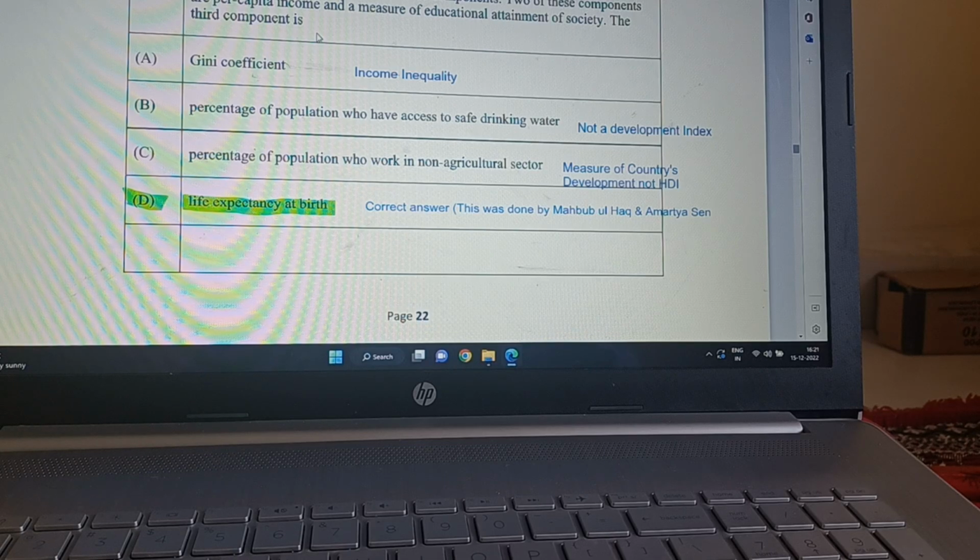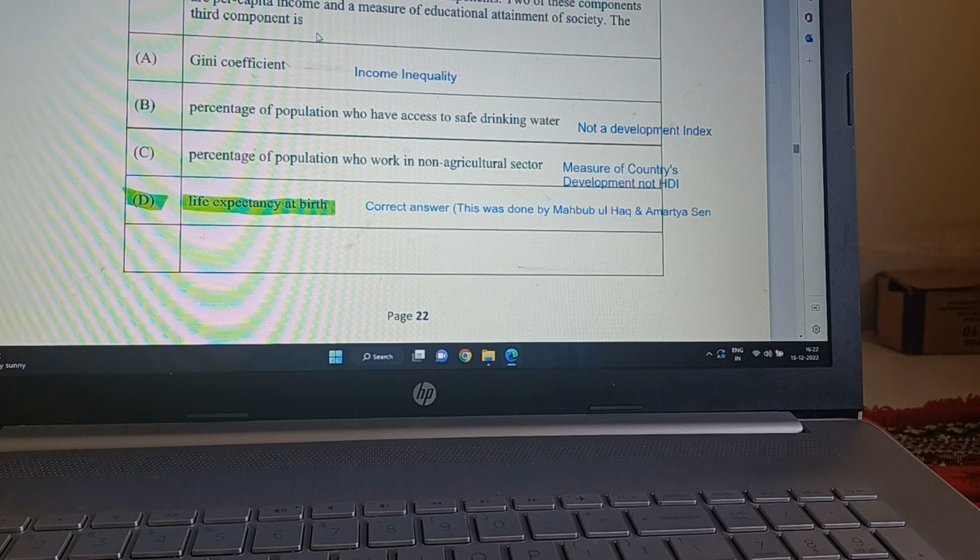So the first one is the Gini coefficient. No, this is not the third component. It talks about income inequality. Then percentage of population who have access to safe drinking water. This is not a development index, and so it is not the correct answer. And percentage of population who work in the non-agriculture sector.